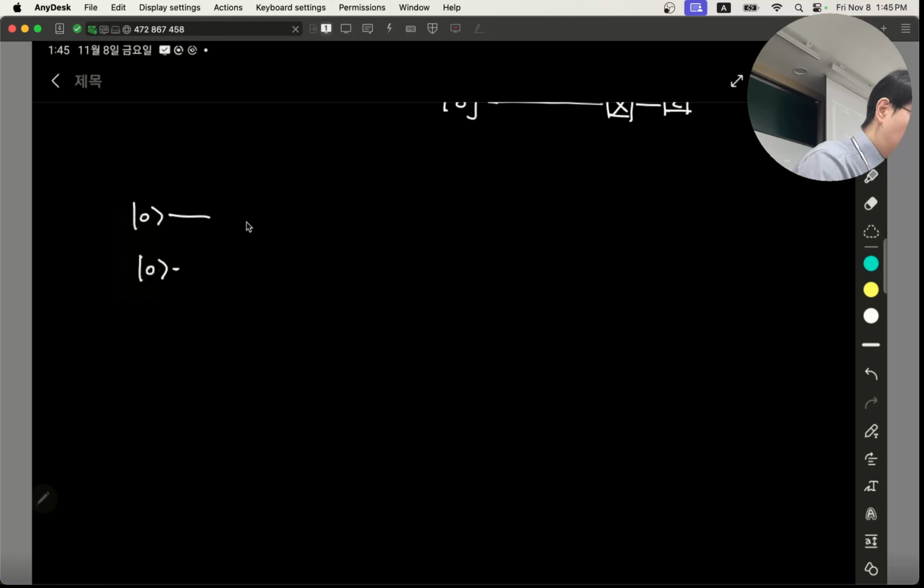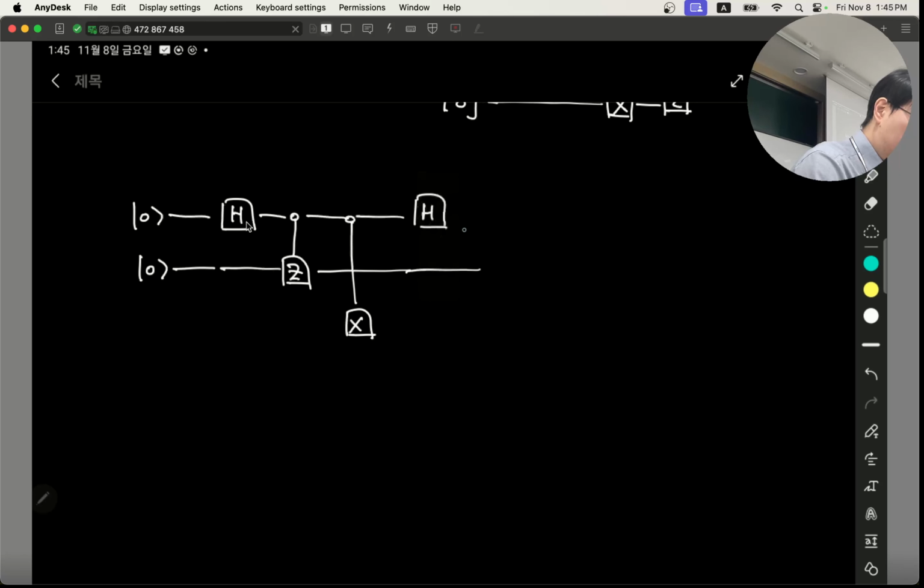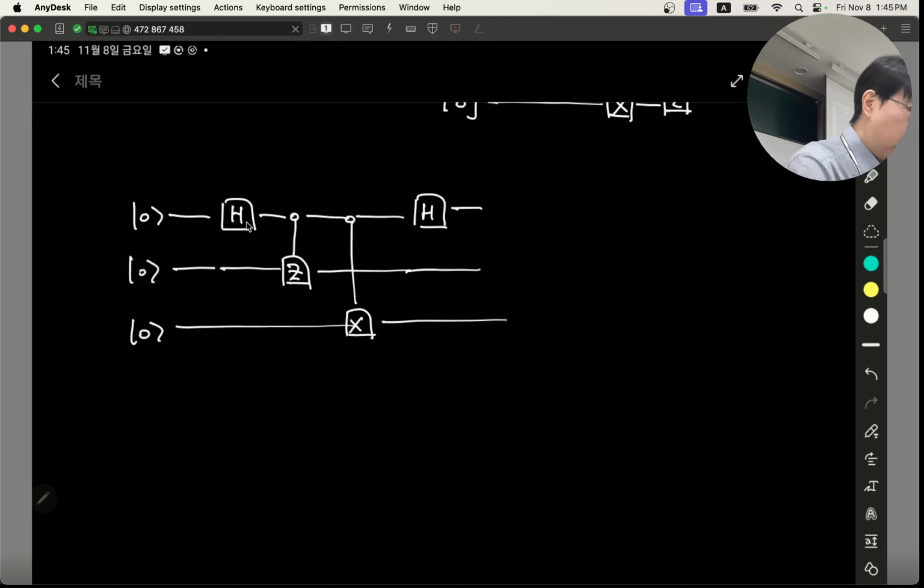Let's say I have this. Initially it's all zero, initialized to zero. And after doing this, I take the measurement. Okay.